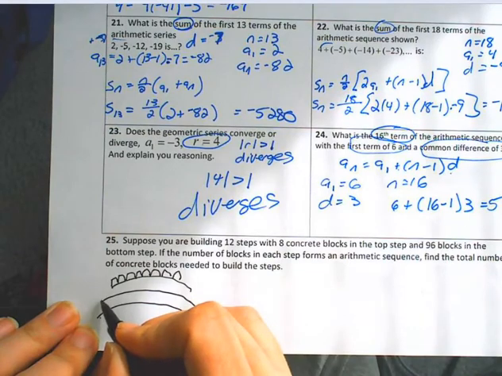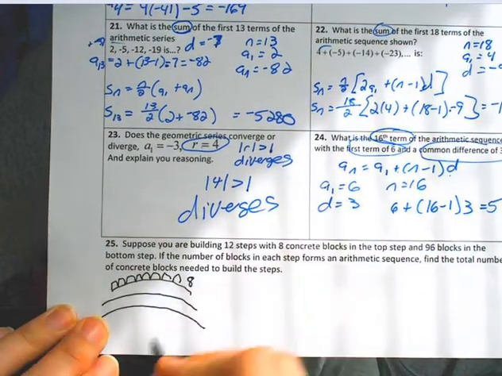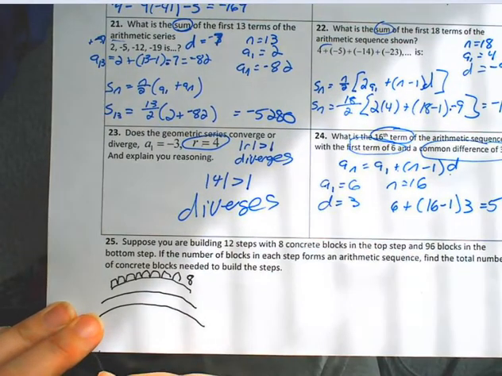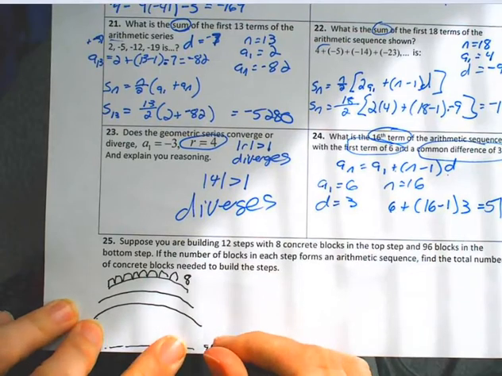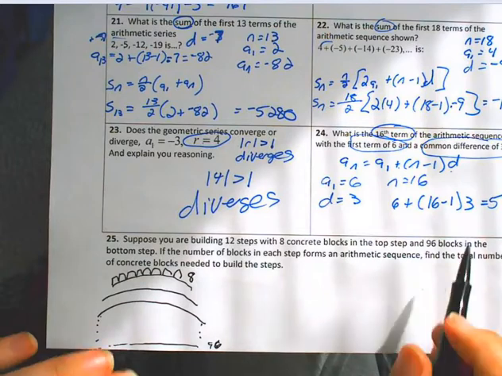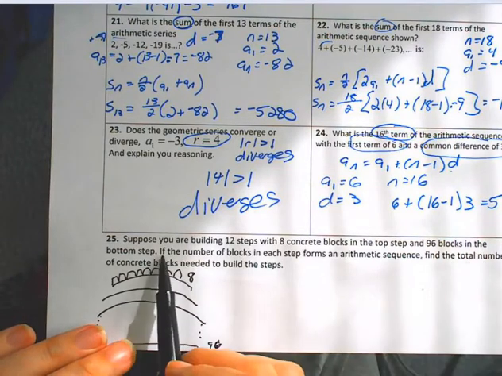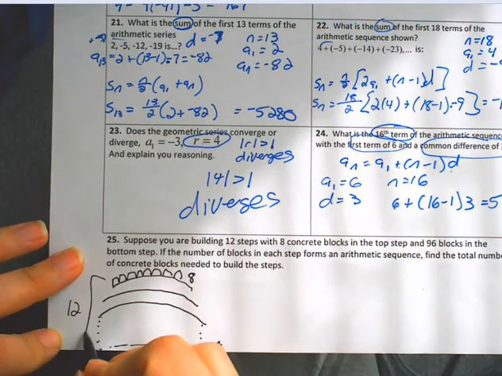And then I have all the way down 96 on the last. So I have 8, and then on the very last, I have 96. And then it says you have a total of 12 steps. So there's 12 total in all of these.